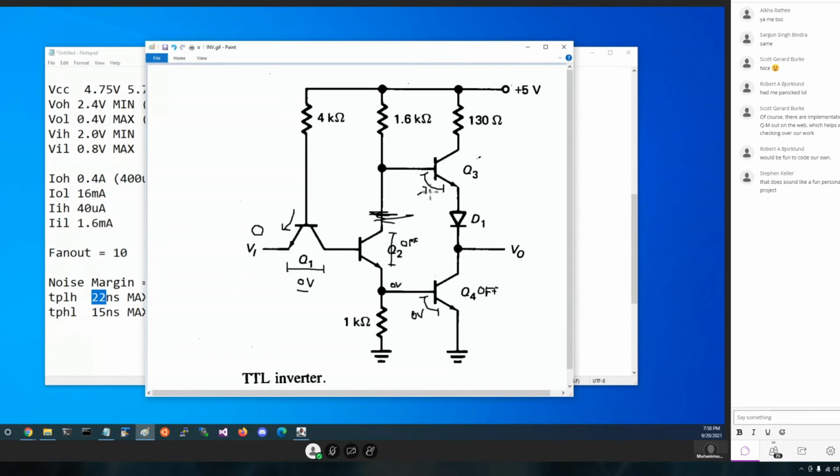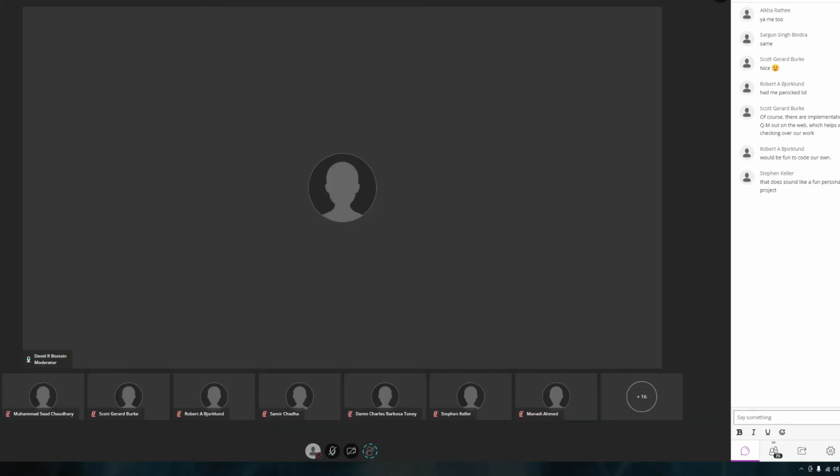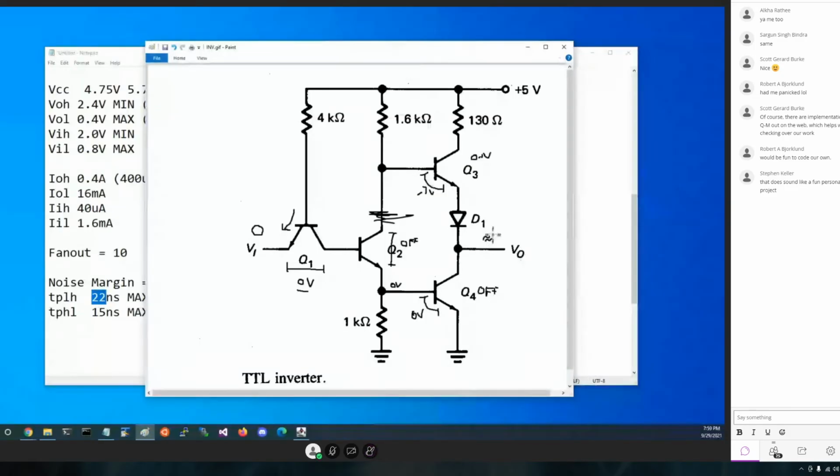If this is 0.7 volts, this guy saturates and he's on, meaning that the voltage across him minus the voltage of 0.7 volts here, because we have another drop here, wherever we're headed, is going to put a value in here roughly in that 3 volt range we were talking about.